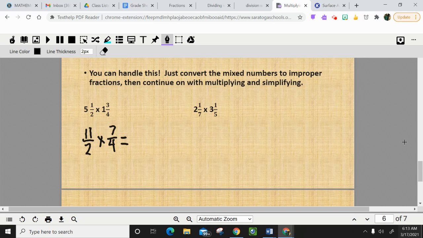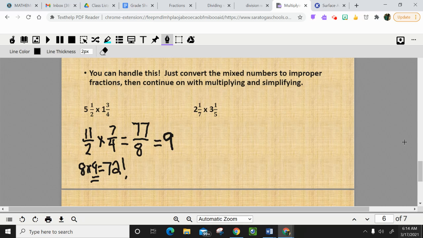Well, I'm going to end up with a big number, 77 over 8. Now, I don't have a really good idea of what this looks like, so I am going to try to make this into a mixed number. So how many times does 8 go into 77? Well, 8 times 9 equals 72. I know that. So it's 9 whole times, because 8 times 10 is 80.